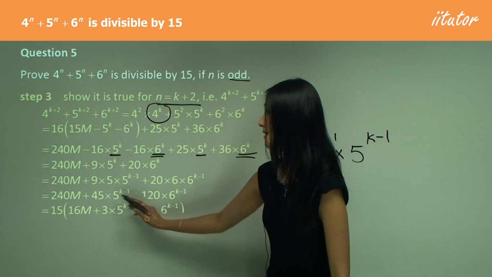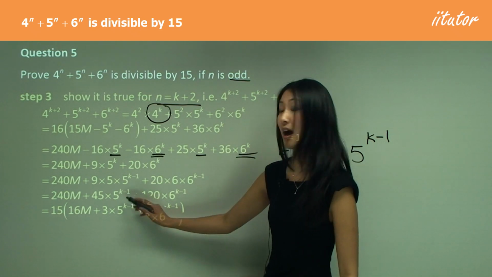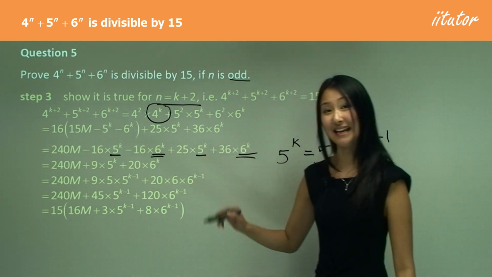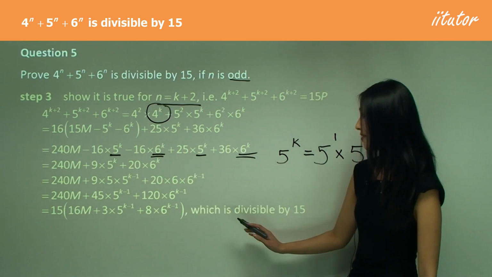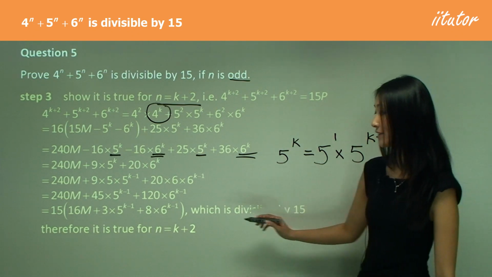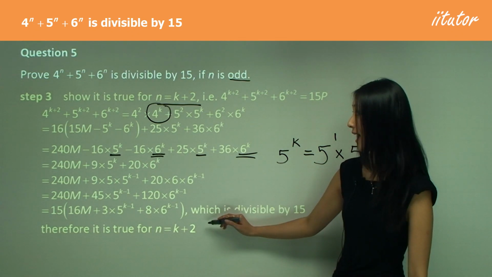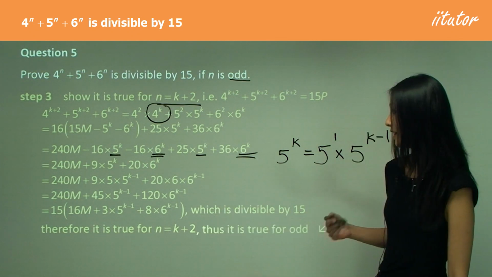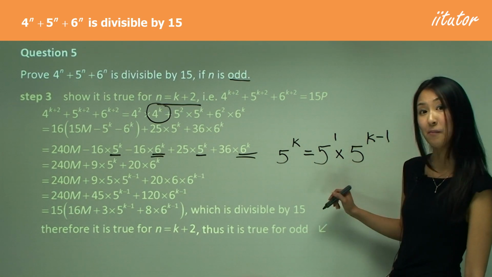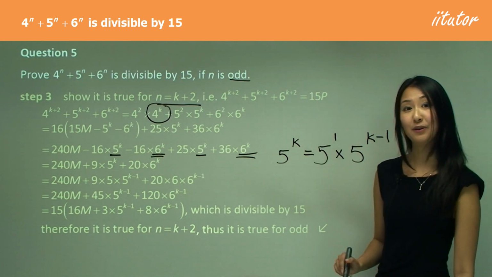So that means that this will still just be 3 times 1 plus 8 times 1. So this would definitely be an integer. So we can say, therefore, this is divisible by 15. So therefore, it is true for n equals to k plus 2, remember? In conclusion, thus, it is true for all odd numbers for this equation up there.